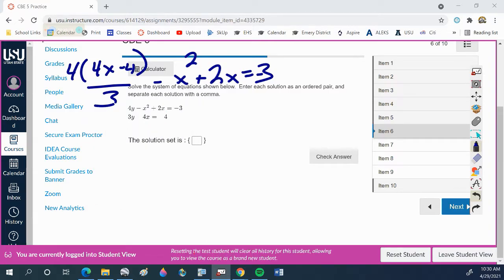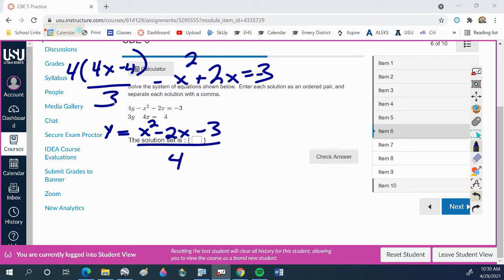Okay, let's solve for y on top. So y is equal to x squared minus 2x minus 3 over 4. It's actually not bad.